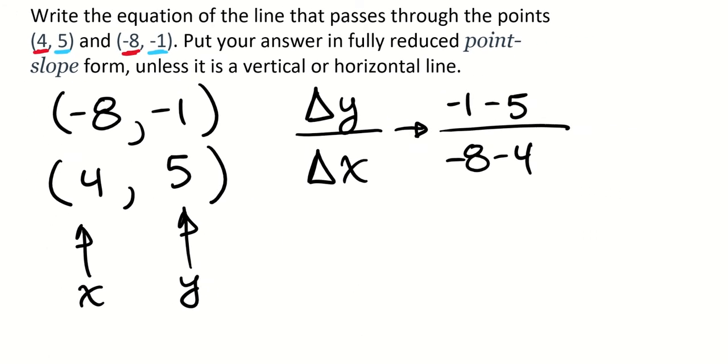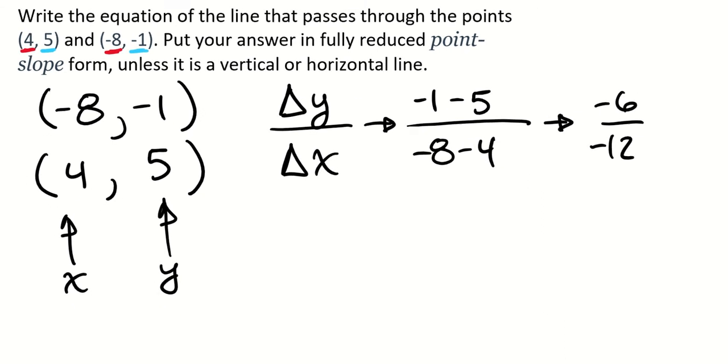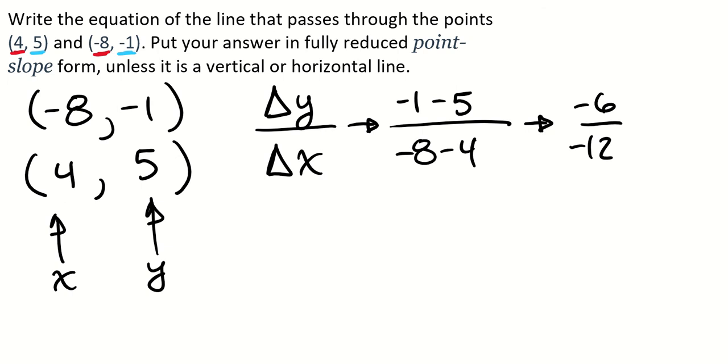If I do the subtraction, I can see in my numerator I have -1 minus 5, which is -6, and on my denominator I have -8 minus 4, which is -12. This is a positive fraction because both the numerator and denominator are negative. And in fact, this is equivalent to 1/2. 6 over 12 can be reduced to 1/2.